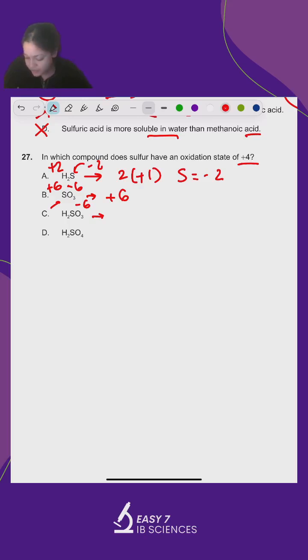The hydrogens are each +1, so that's +2, and therefore the sulfur is +4 here. Okay, if you guys want me to go through it more thoroughly, step by step, let me know. And then here it's -8 for the oxygens, so yeah, absolutely the answer is C. And then here, this is +2, so the sulfur is +6 there. So that's why that's incorrect.